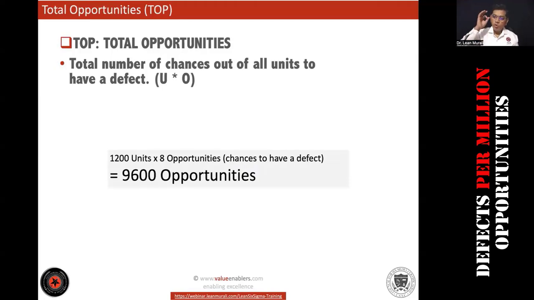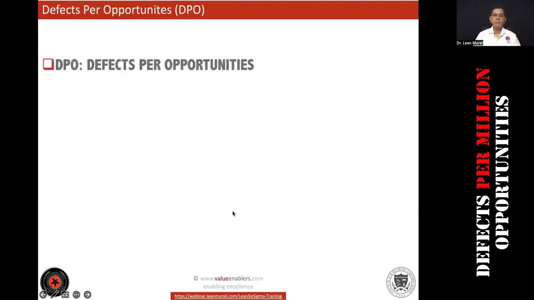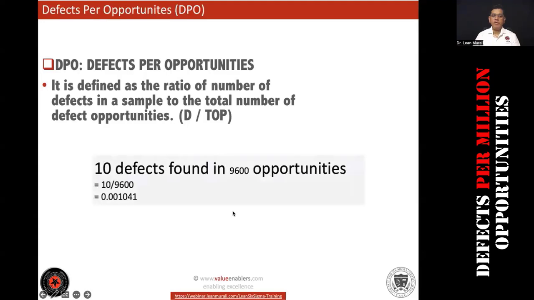And you know 10 defects are there. What is defects per opportunity? DPO. How much is defects per opportunity? 10 divided by 9,600. Simple, very, very simple.